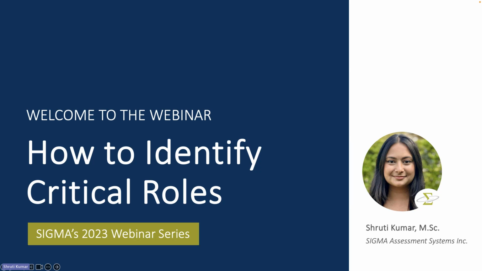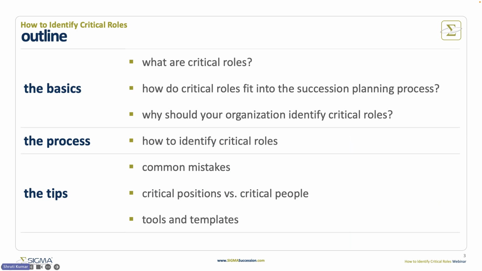Thank you, Helen, for that introduction, and welcome everyone. I'm really excited to be chatting with you all today about how to identify critical roles in your organization's succession program. So I'll be covering the basics of what critical roles are, how they fit into a succession planning process, and why your organization would benefit from identifying critical roles.